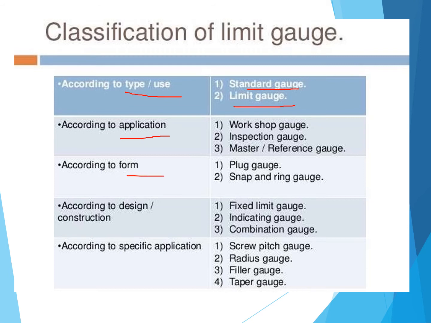Depending on the form, they are plug gauges, snap gauges and ring gauges. According to design and construction, these gauges are fixed limit gauges, indicating gauges, and combination gauges. According to specific applications, they are screw pitch gauge, radius gauge, feeler gauge, and taper gauge.